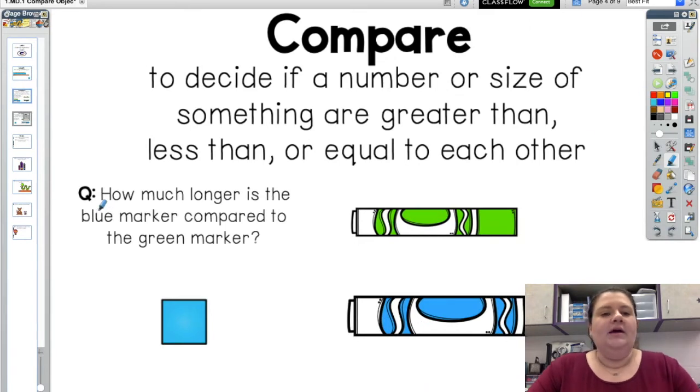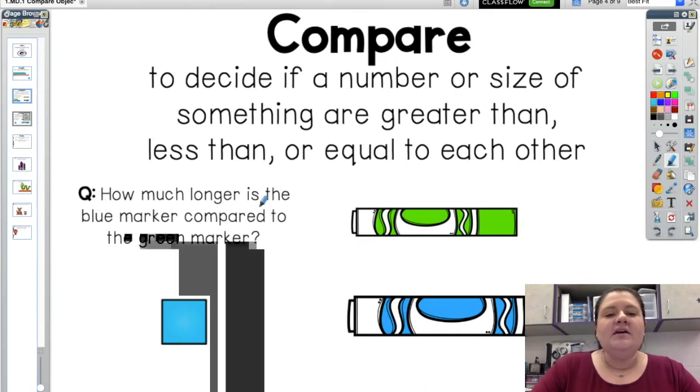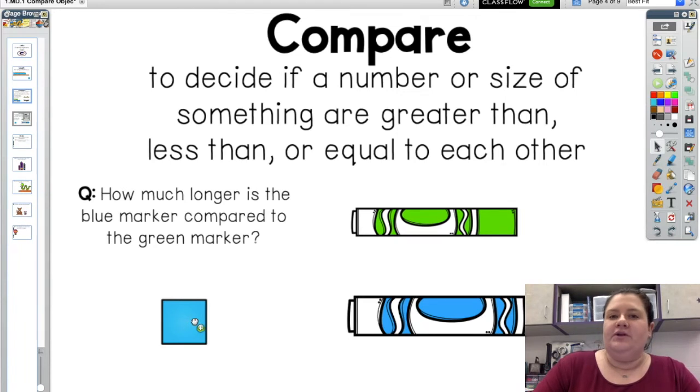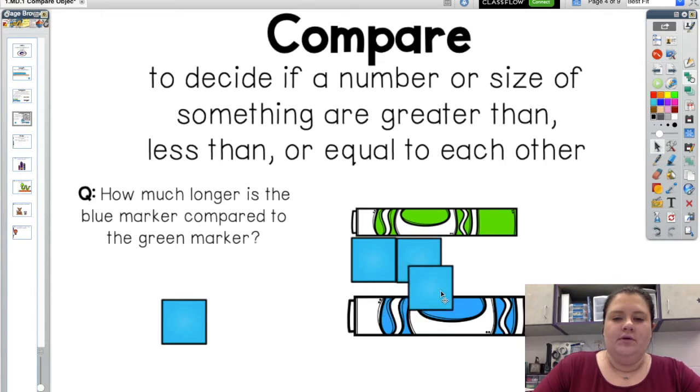Okay? All right, now it says, how much longer is the blue marker compared to the green marker? Well, in order to figure this out, boys and girls, I am going to use those same squares, and I'm going to measure out the blue marker, and then I'm going to measure out the green marker. So let's go ahead and get started with that. So I have 1, 2, 3, 4.